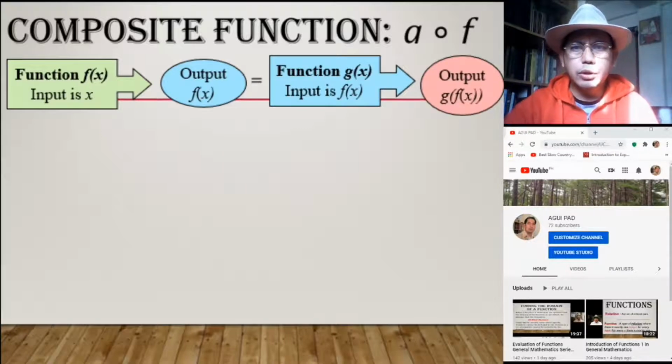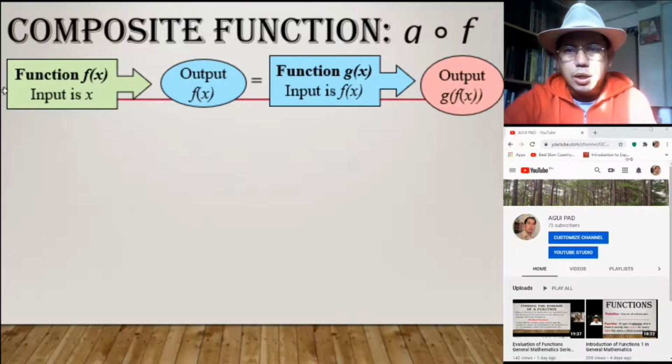Okay, so you will notice in our illustration, the first stage is the illustration of the first input. We know that in the first function that we have here, our input is x, meaning to say, after computing this first function, the result, or the output of the first function, will now be considered the input of the next function.